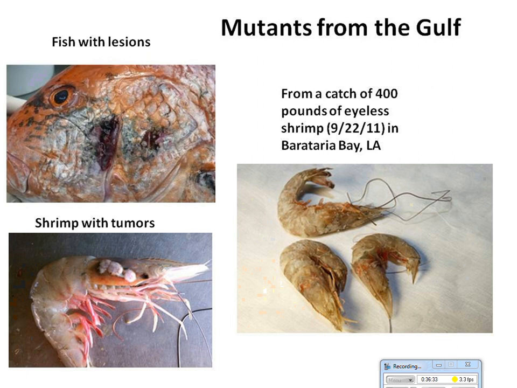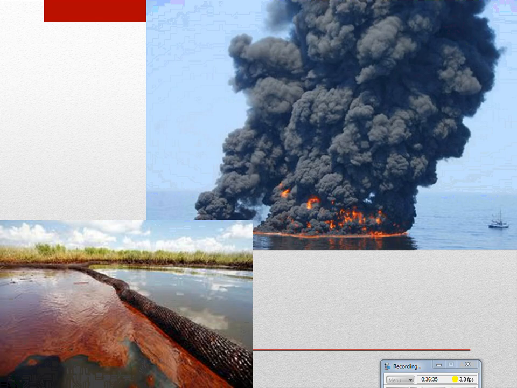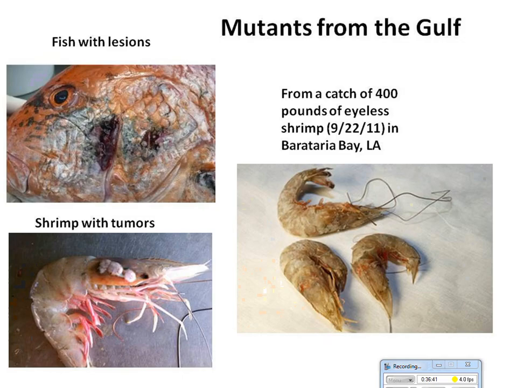And then here are some of the injuries. So the injury is not just what's happening here, where the oil is in the water and there's this huge explosion and lives were lost. It is also these mutants from the Gulf. We have a 400-pound catch of eyeless shrimp. We have shrimp with tumors and we have fish with lesions.